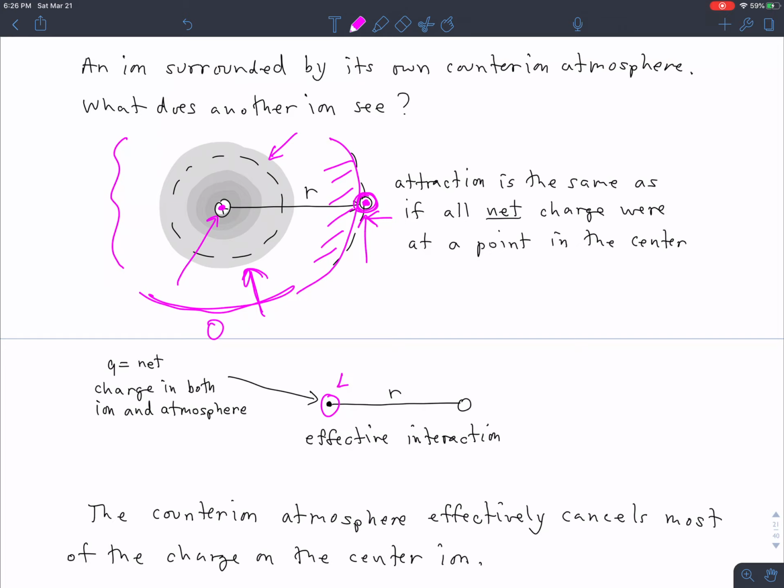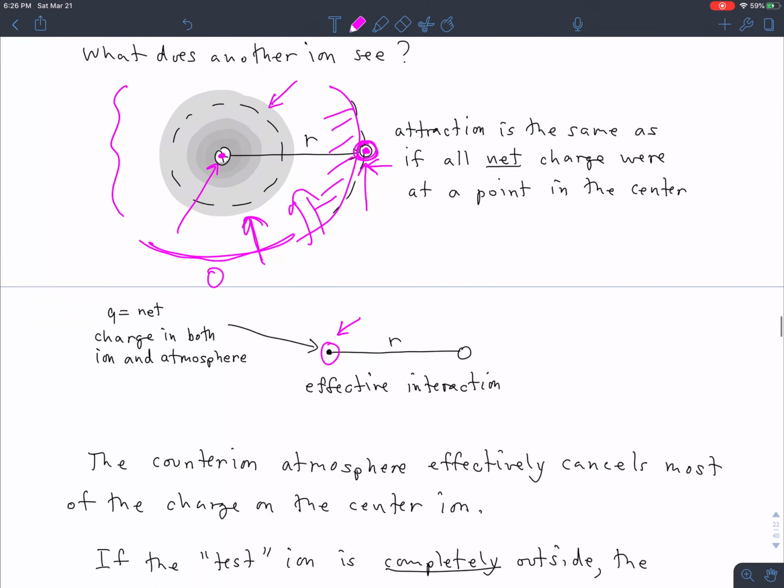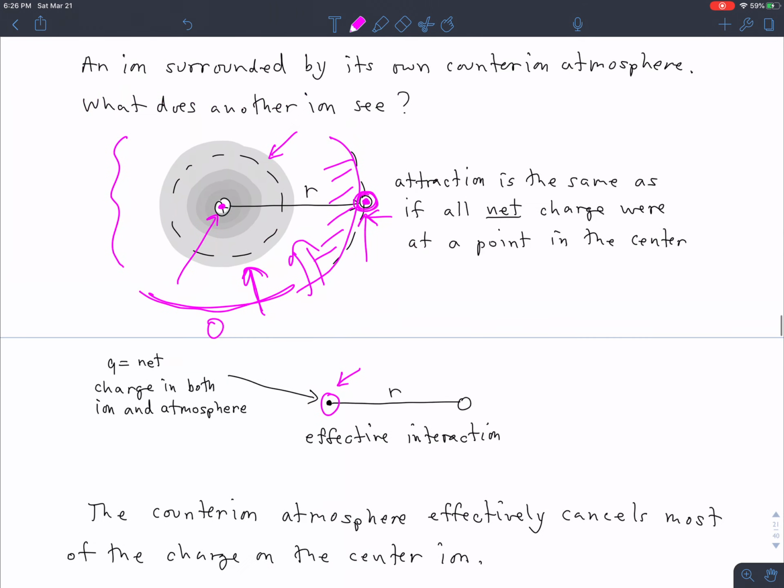This interaction down here is the same as this whole complicated interaction up here. And that means that if this counterion atmosphere is canceling completely the central charge, and this guy is way outside the counterion atmosphere, this is 0, and you get no interaction.